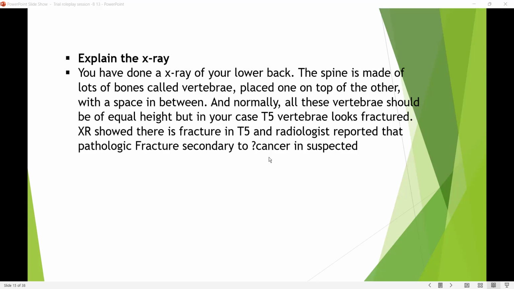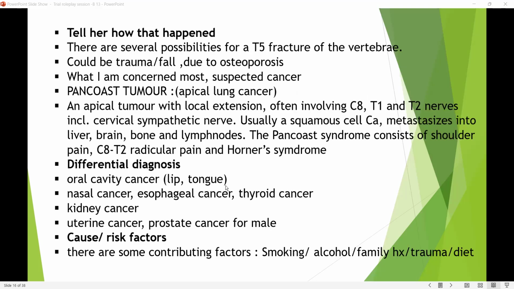Normally all these vertebrae should be equal height, but in your case, at the thoracic 5 level, that vertebra looks fractured. The radiologists reported it could be a pathological fracture, and they suspected it could be secondary to cancer.